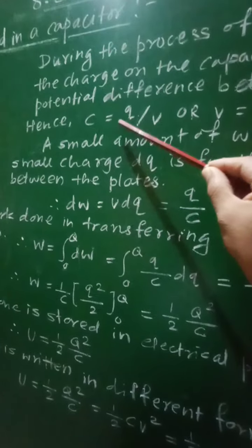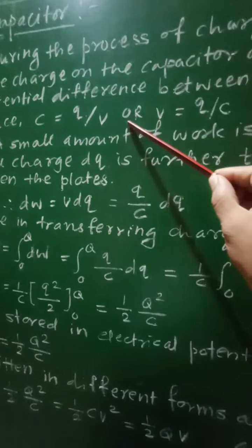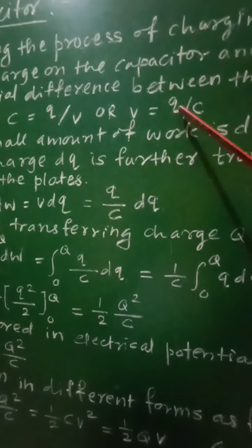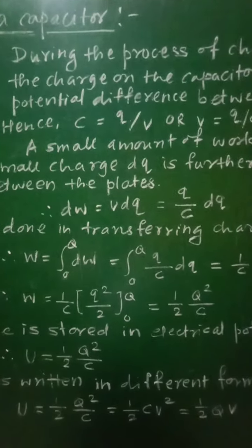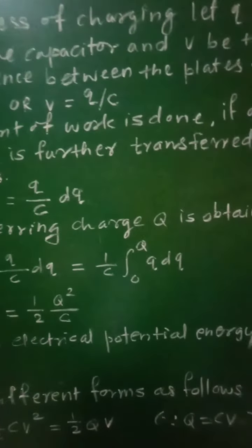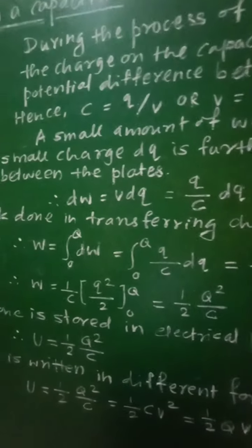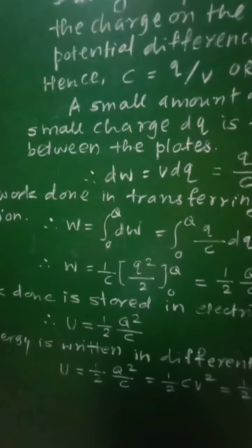capacitor C is equal to Q by phi, that is charge per unit potential, or the potential phi equal to Q by C. Now, when a small amount of work is done, if a small charge dq is further transferred between the plates of the capacitor.